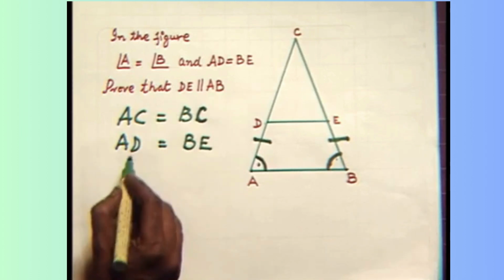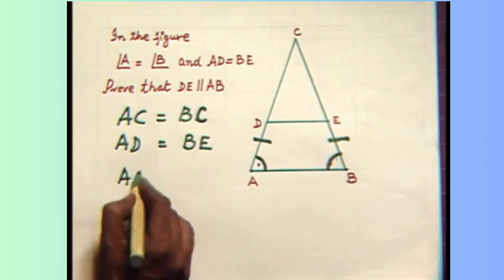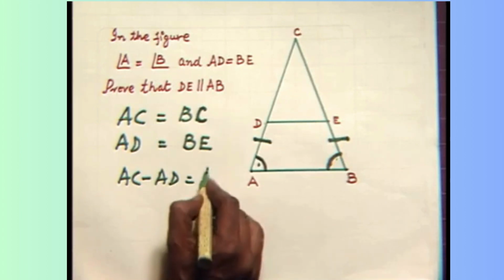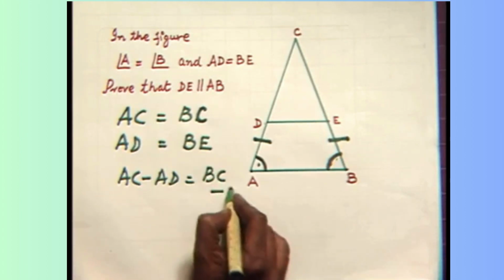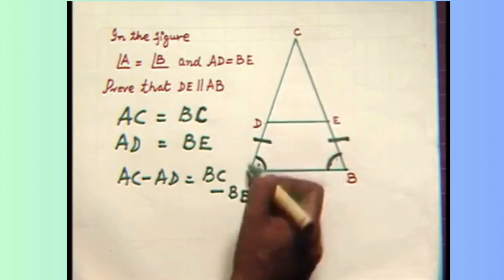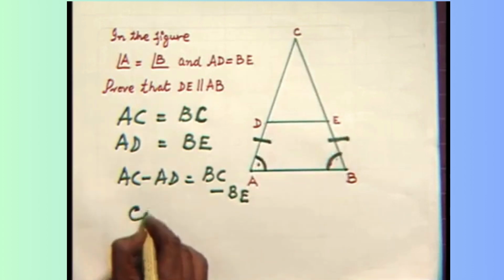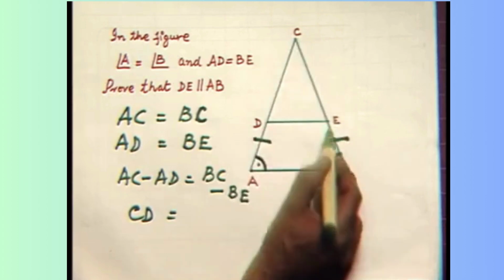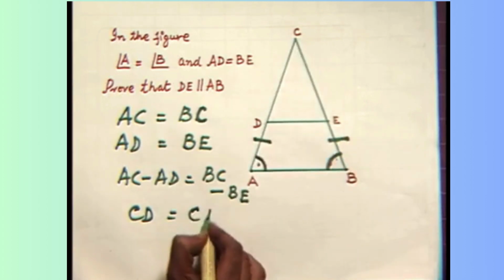On subtracting these two results, we find that AC minus AD is equal to BC minus BE. Now, AC minus AD is nothing else but CD, and BC minus BE is equal to CE.